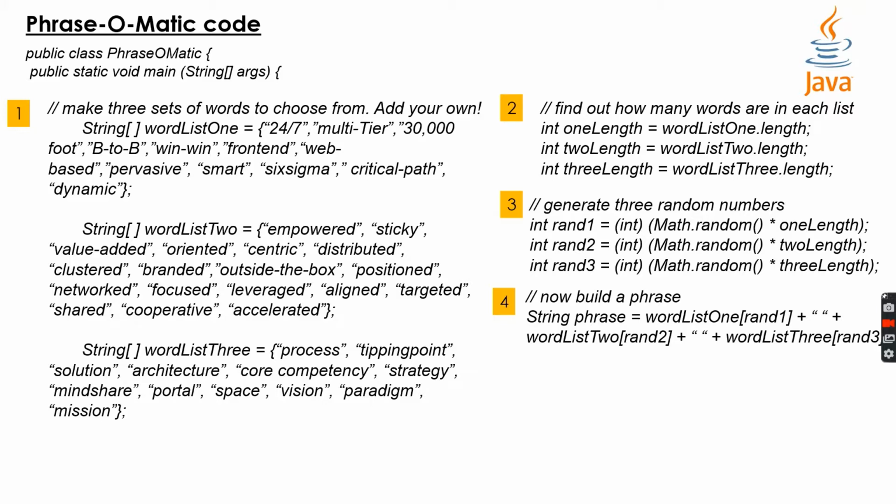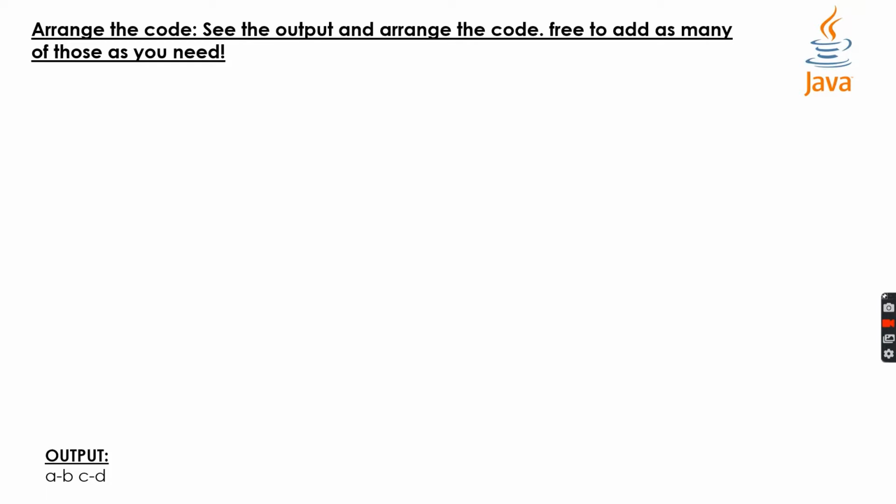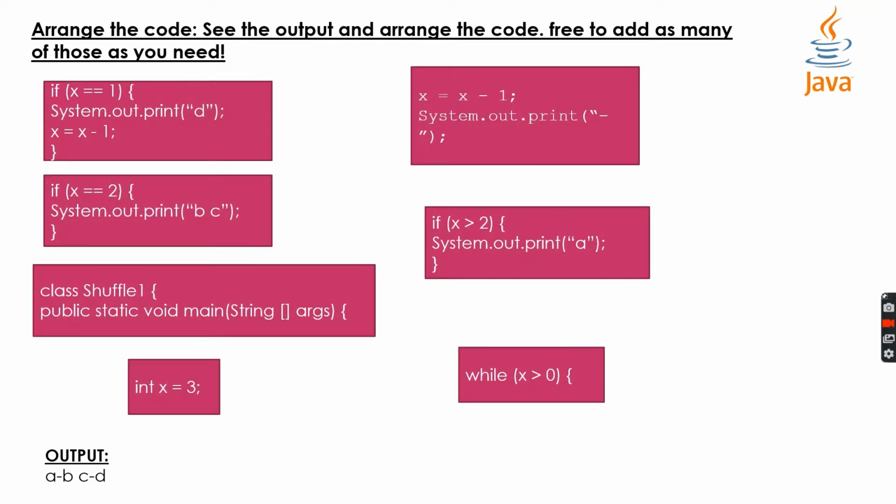Number 5, finally we print the phrase to the command line and print the result. Now the exercise: see the output and arrange the code. Can you arrange the code snippet to make a working Java program that produces the output listed below?